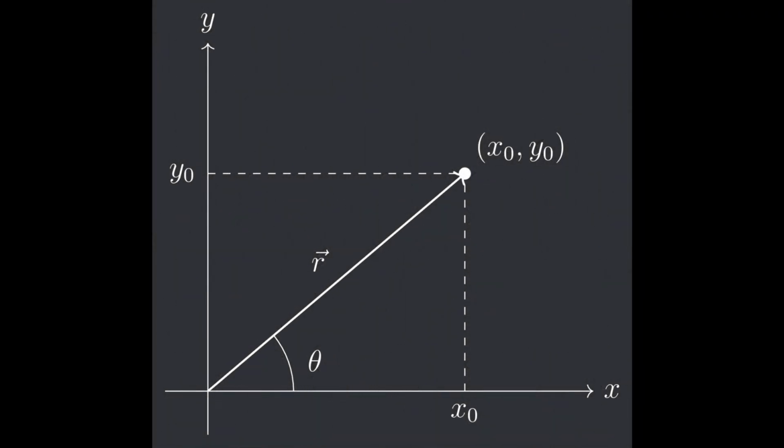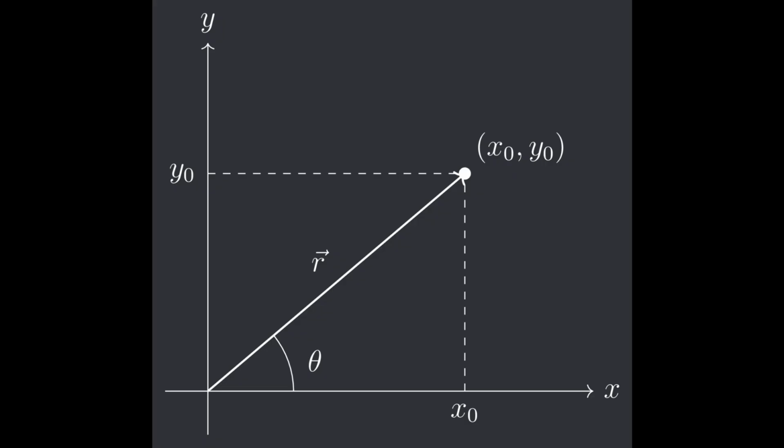We should not forget that throughout this program, we are sticking to the plane polar coordinate system. As our initial position x0 and y0 are in the Cartesian coordinate system, we must convert them into the polar coordinates r and theta. From this diagram, you can understand that the position vector r is simply the hypotenuse of a triangle having the other two sides x0 and y0.